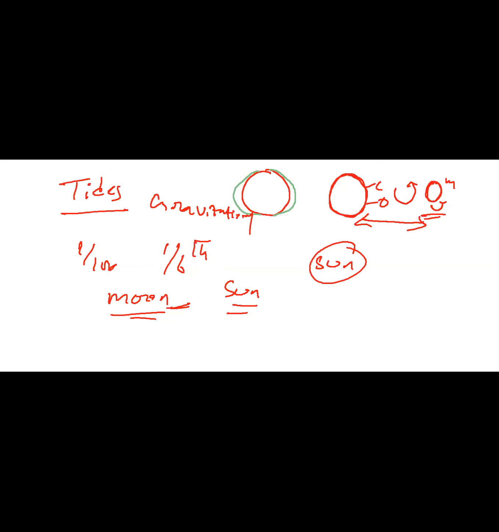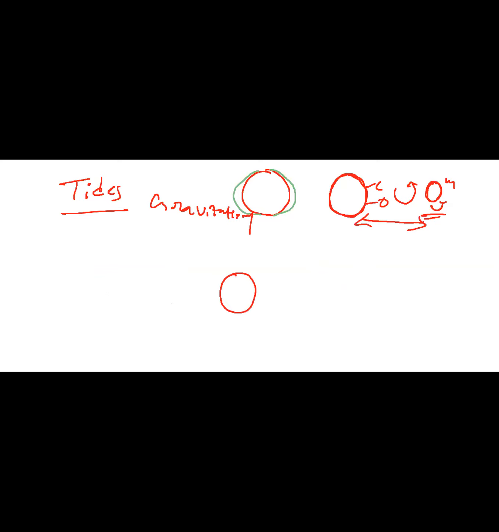The bulge will be quite high during these two times, but at spring tides there will be a heavy rise of the sea level. So how does this happen? See here: consider this as Earth, this as moon, and here the sun.